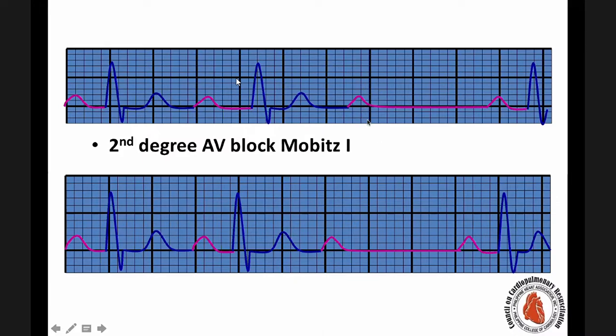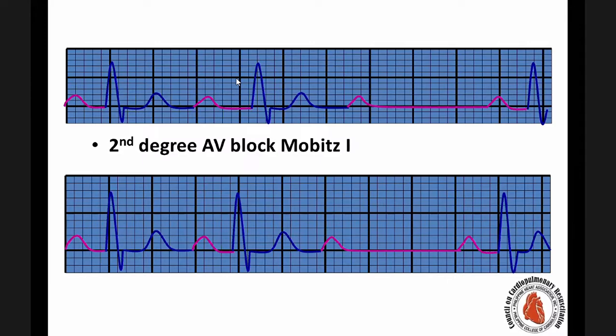Again, look for a P wave not followed by a QRS. If you see a drop beat, you look for the PR interval before the drop beat, and the PR interval after the drop beat. If the PR interval before and after the drop beat is different, that's a type 1, second degree AV block type 1.